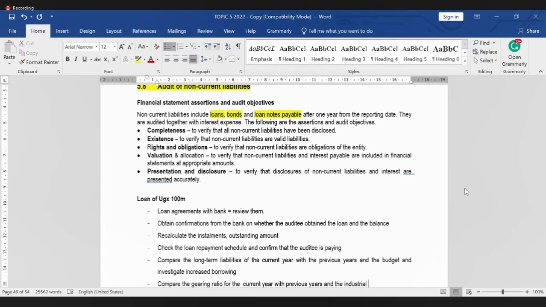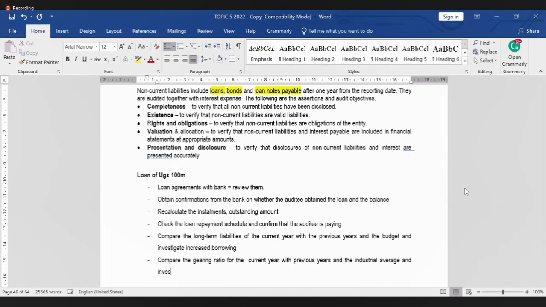The same companies. And investigate significant differences. If similar companies are only borrowing, what's the gearing ratio? If it's only 40%, why is yours 70? Why are you borrowing more than the other companies?